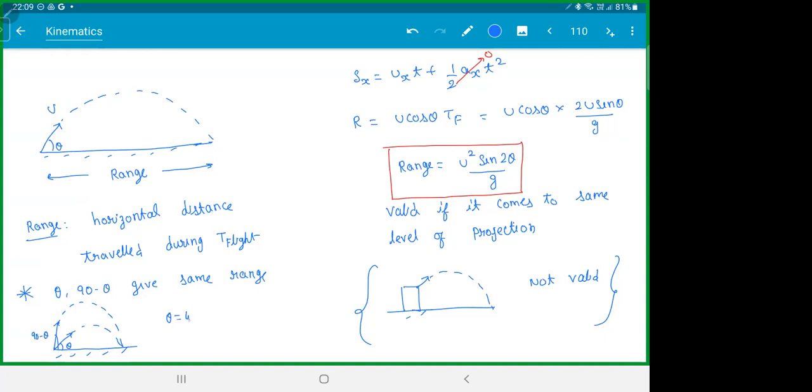And theta 45 gives max range. I'm sure most of you know all this stuff from your classes, but I'm just briefing it up. It's important how we derive each one. Clear? Any doubts on this?